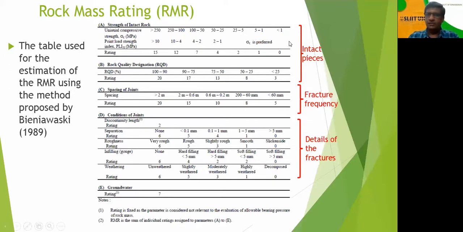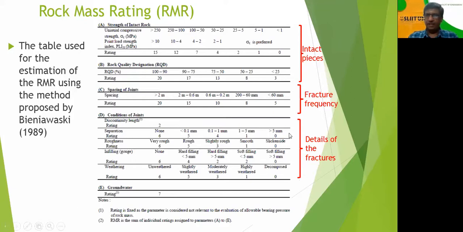Now, if you look at this chart, it considers the intact rock pieces through the uniaxial compressive strength and also the RQD value. That is the amount of intact rock left behind after the drilling process. Then it considers the fracture spacing, and more importantly, what is inside the fractures.